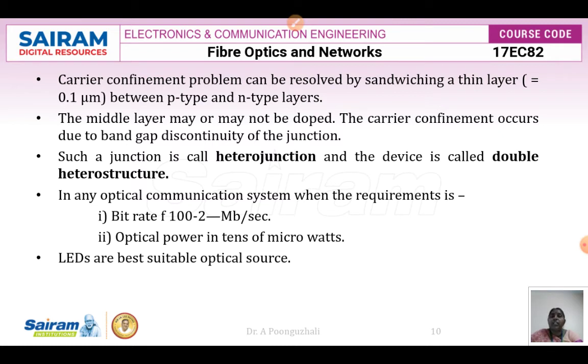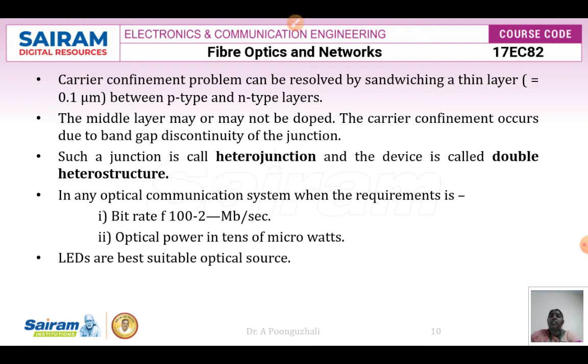The middle layer, the thin layer which I use between the P and N type material, may or may not be doped. In that case, carrier confinement is going to occur because there is going to be a band gap discontinuity at the junction. Such types of junction are called a heterojunction, and this structure is called the double heterostructure.